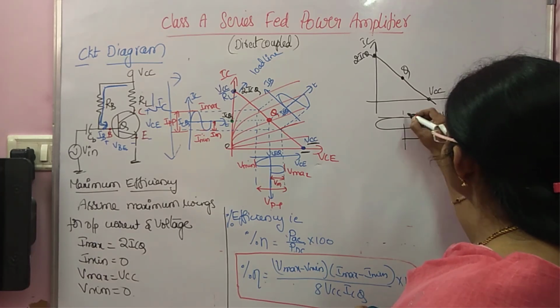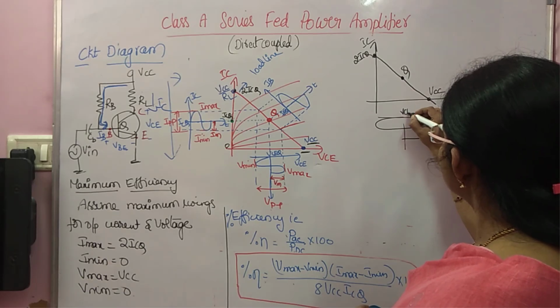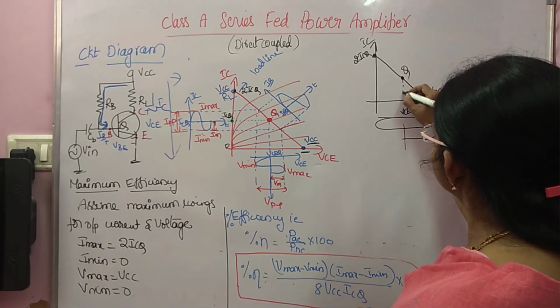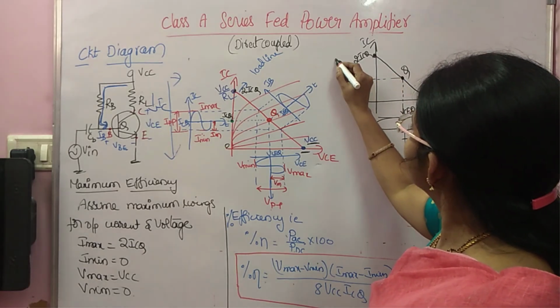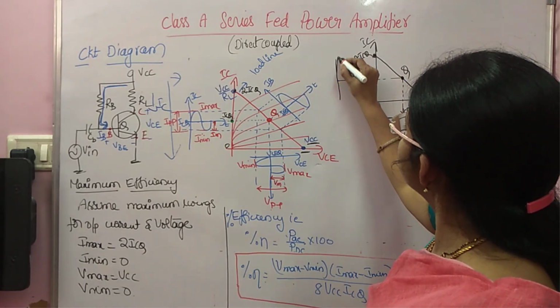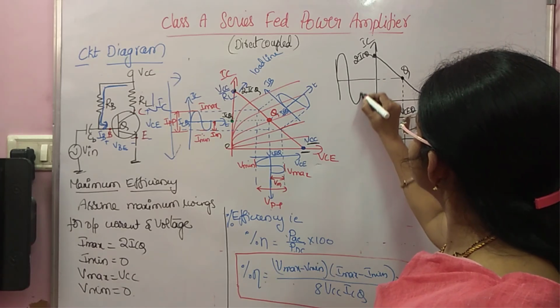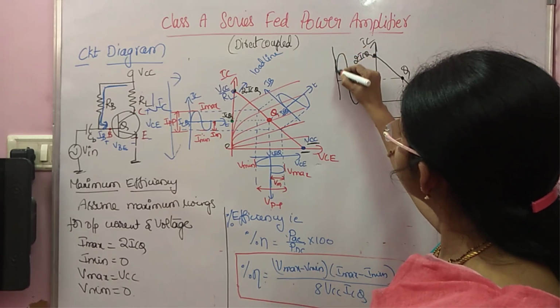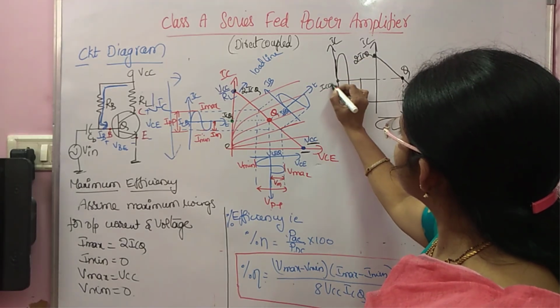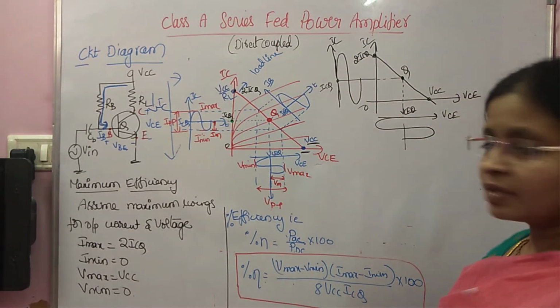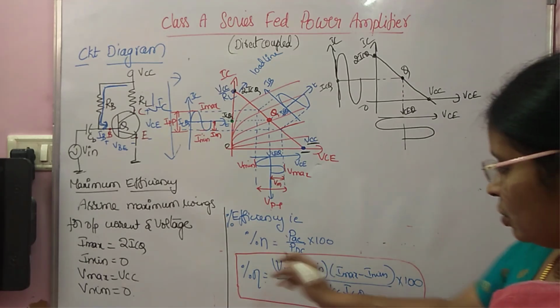The center is VCEQ, remember. And here, what's the current? The current may go like this. This is the current IC. The center is ICQ, and this is 0. These are the maximum swings.